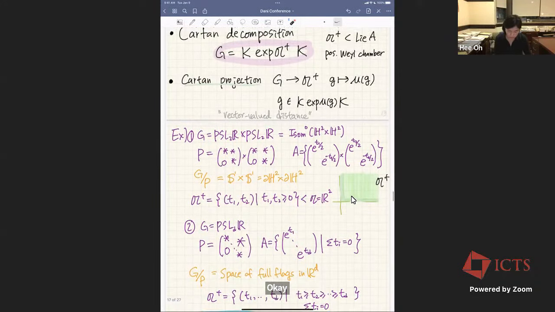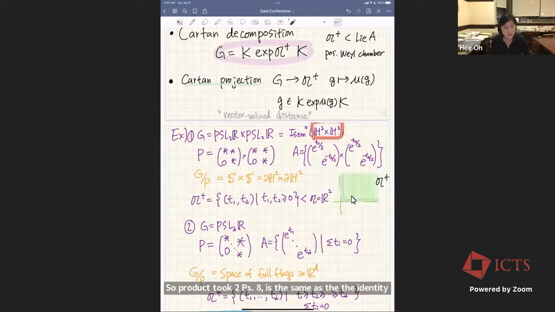In the case when G is the product of two PSL2Rs, the product of two PSL2R is the same as the identity component of the isometry group of the Riemannian product of two hyperbolic planes, H2 times H2. In this case, our P, the minimal parabolic subgroup, or the normalizer of our N, which was the upper triangular subgroup, is again this upper triangular subgroup, but this time containing the diagonals.